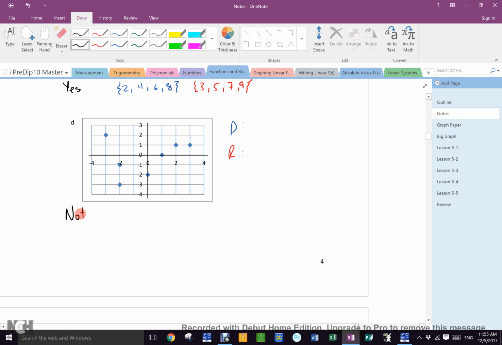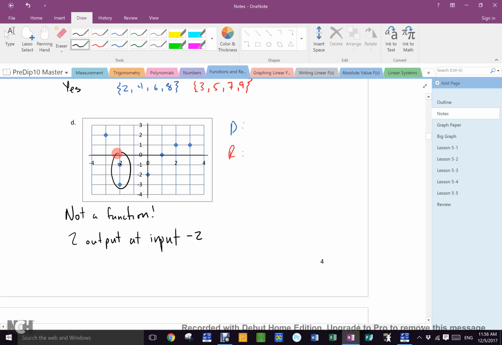Why? Because there's 2 points on the same vertical line. 2 outputs at what input? At which input? At input of -2, right there.